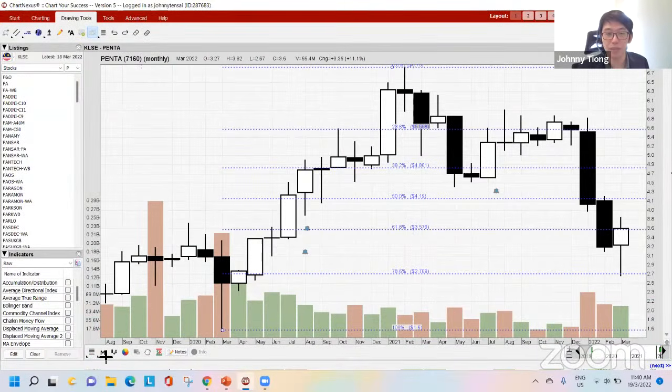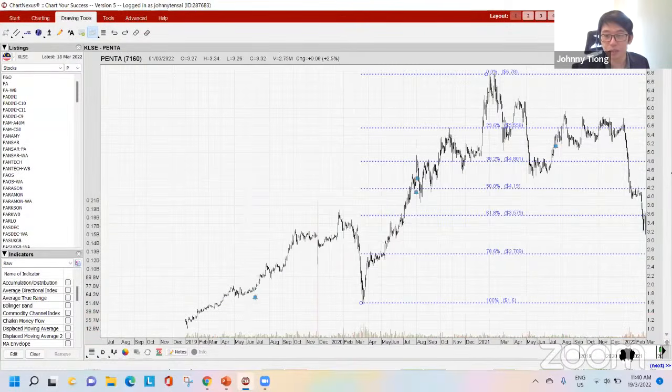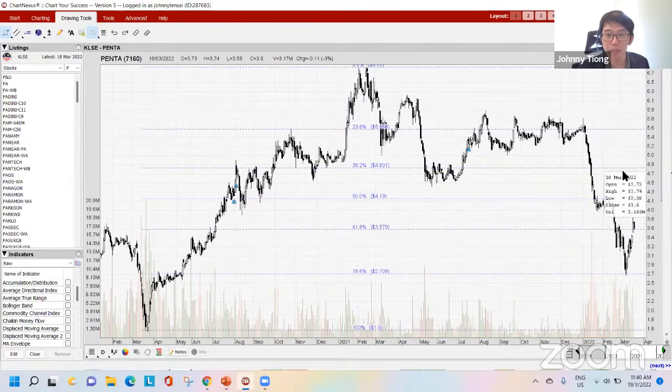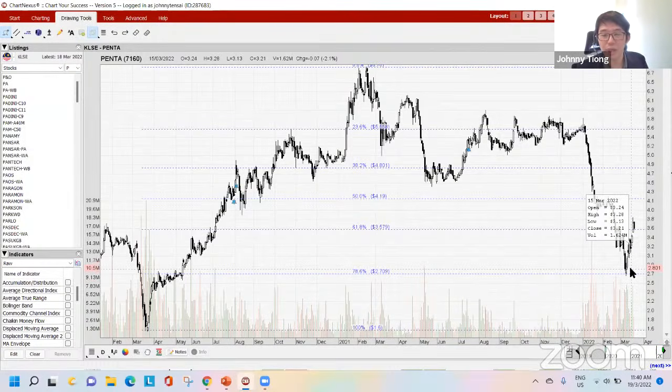But if we put it on the daily chart, we can see more patterns. We can see how frequently the chart touches this support or resistance. So it's basically the same, Raj.